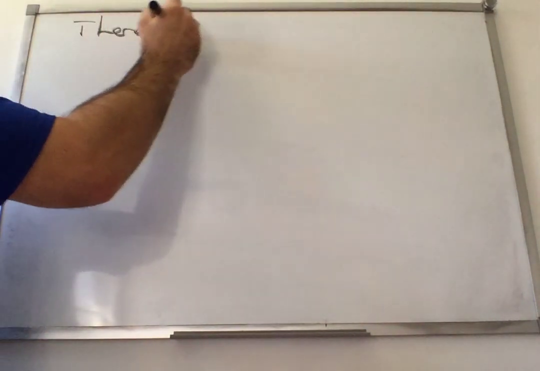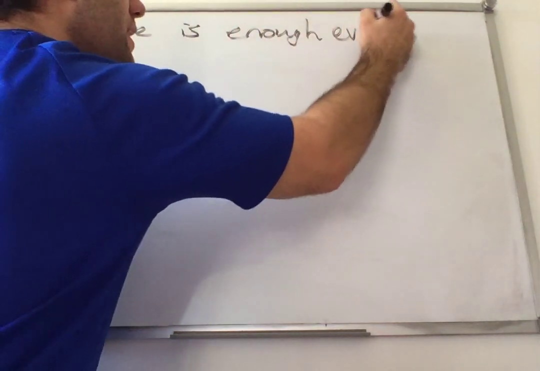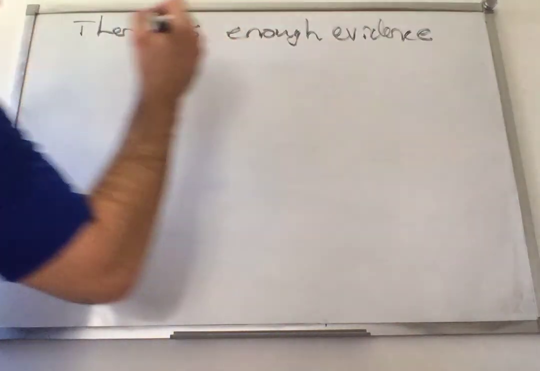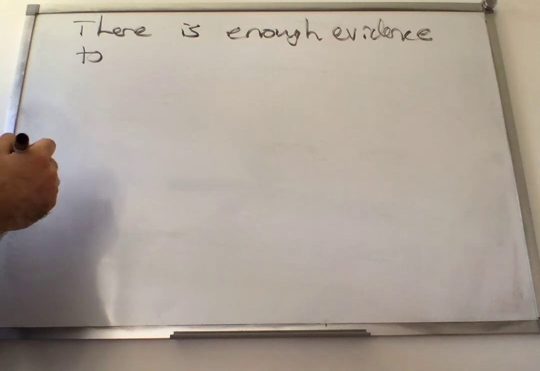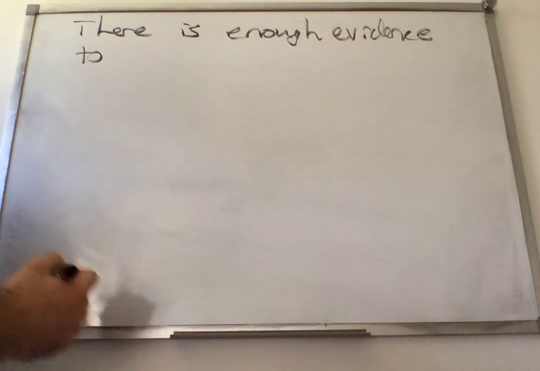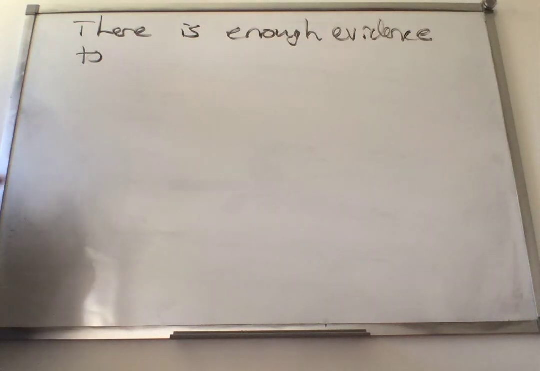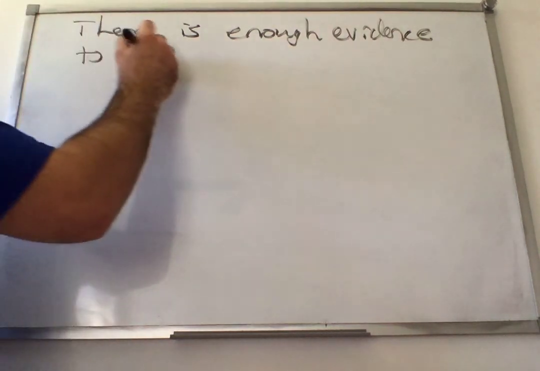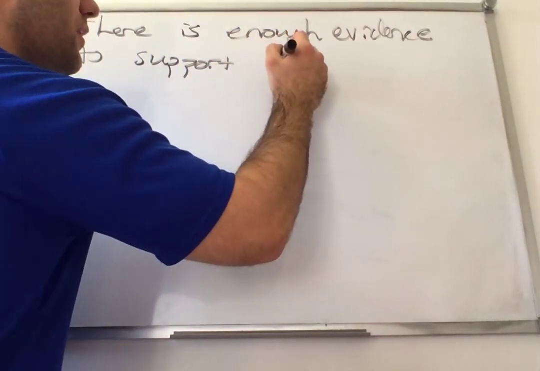Okay, so for the conclusion, you could say there is enough evidence to support our claim. We're going to write it in terms of our claim. Since we rejected the null hypothesis and the claim was in our alternative hypothesis, we do have enough evidence.